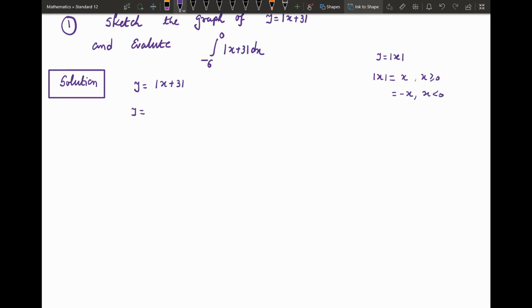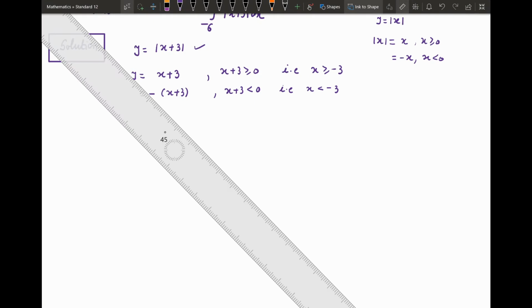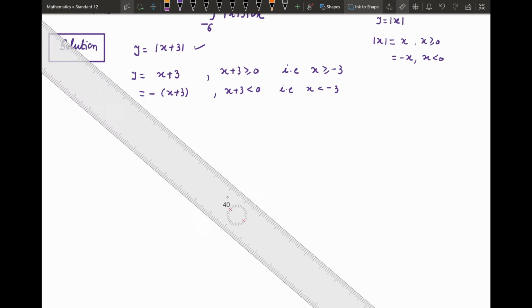Applying it here, it is x plus 3 if x plus 3 is greater than or equal to 0, that is x greater than or equal to minus 3, and it is minus x plus 3 if x plus 3 is less than 0, that is x is less than minus 3. So now let us draw the graph of this modulus function.